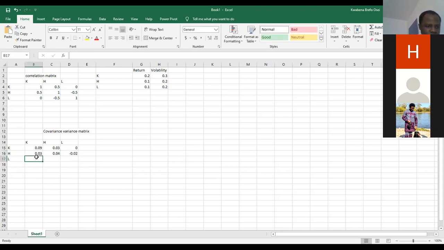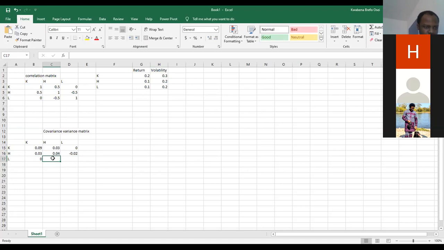Now in this case, the correlation between K and L is 0, times the volatility of K and L, which is also equal to 0.